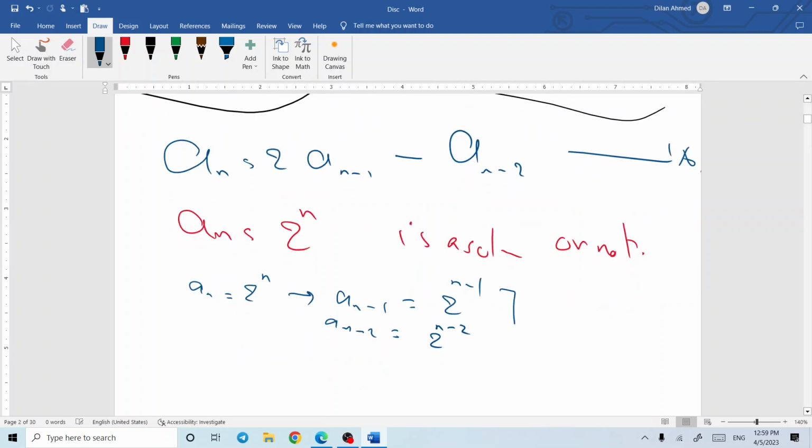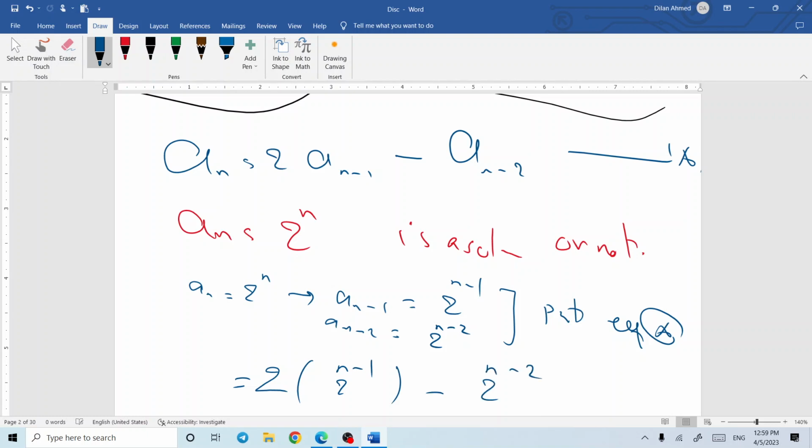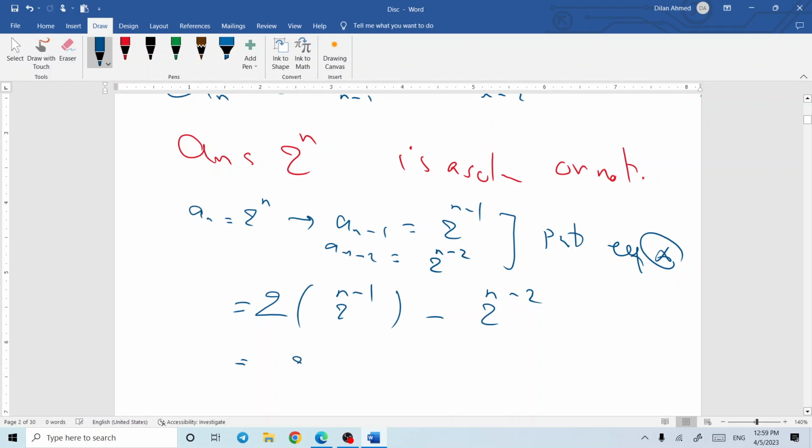So now I am putting it in equation star. So I will get what? Forget about the left side. Just focus on the right side. I will get 2 times 2 power n minus 1, minus 2 power n minus 2.